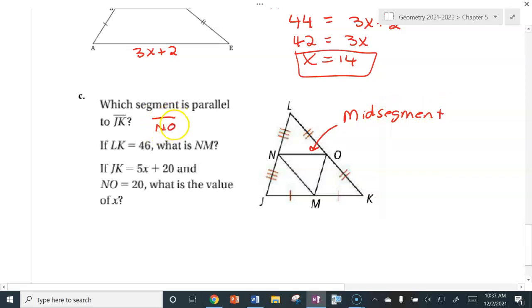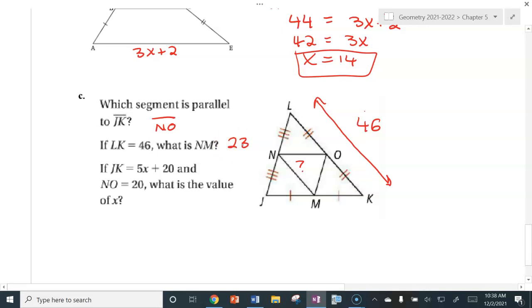So I'm just going to say line segment NO. And then it says, what if LK equals 46? So now this distance here is 46. What is the length of NM? Well, that's a midsegment. So take your 46, divide it by 2, and you get 23.